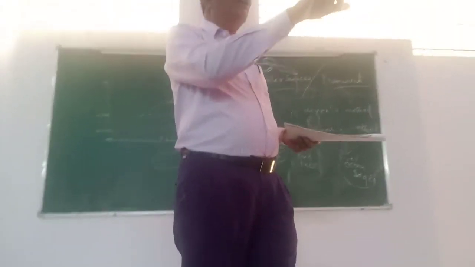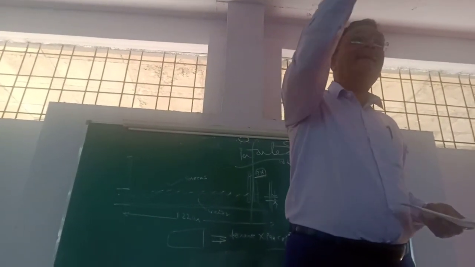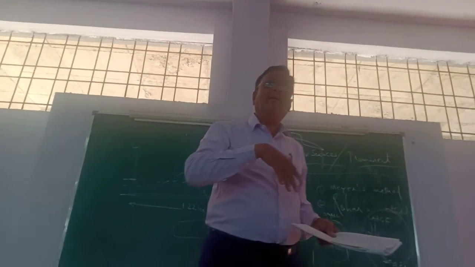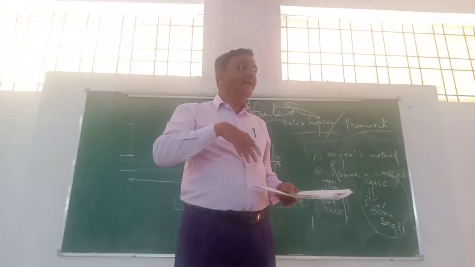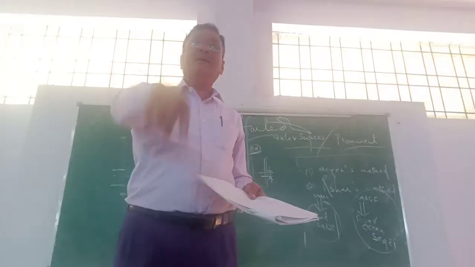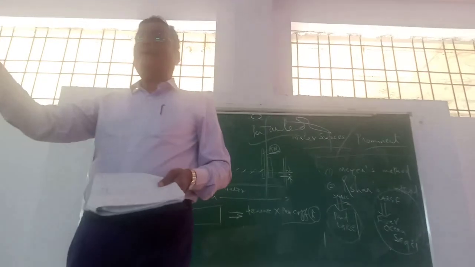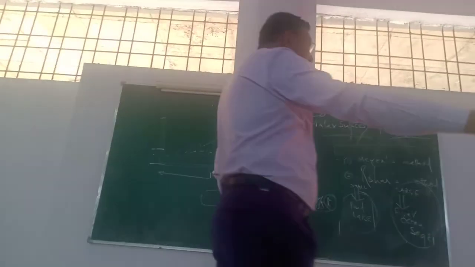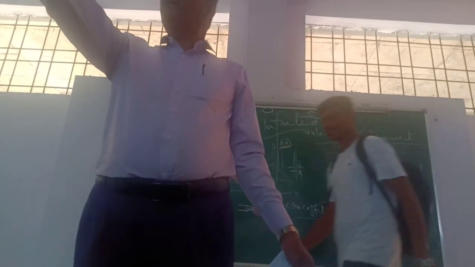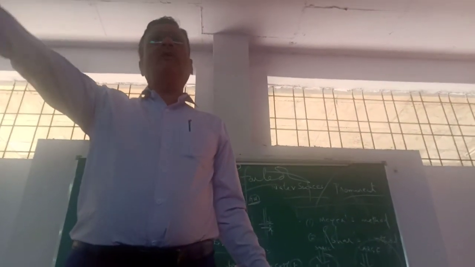Why are you not reliable? I am asking you, why are you all not reliable? What do you think? Shall I tell the right answer? I think the principal must have also told this thing. What is the mistake done by you? Where? I don't know. Where?